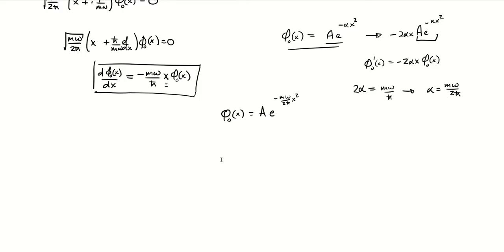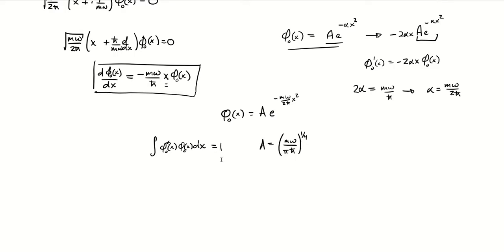And if we were to normalize that, integrating the probability density over all space has to be equal to 1. If we go through all that process, it's going to give us that our A is equal to m omega over pi h bar to the 1/4.